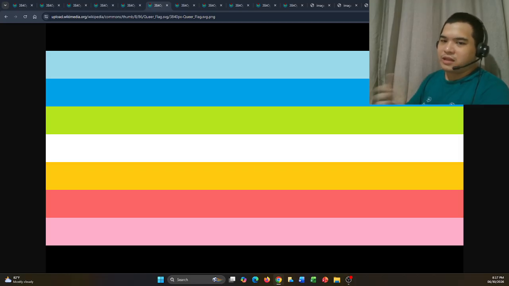That basically means they're still experiencing their gender identity and sexual identity. This flag right here merges every type of queer, of how they identify themselves.